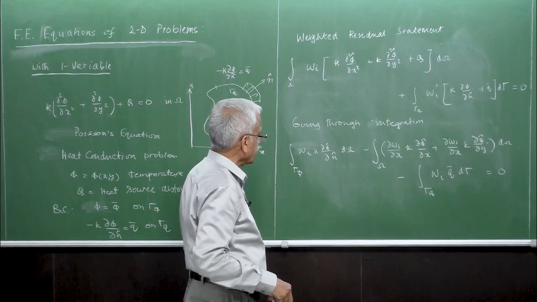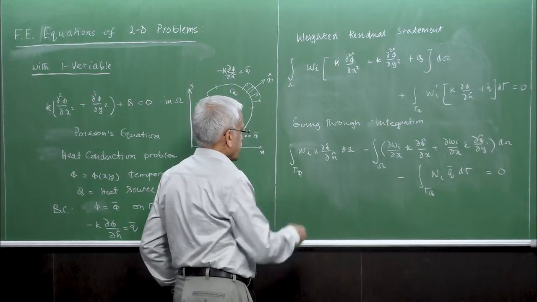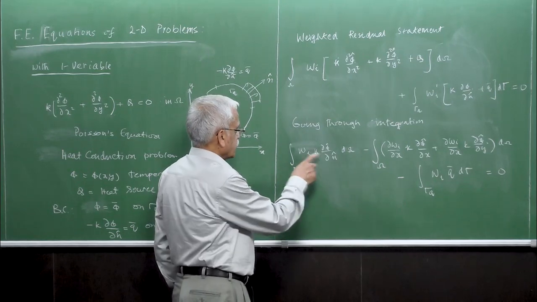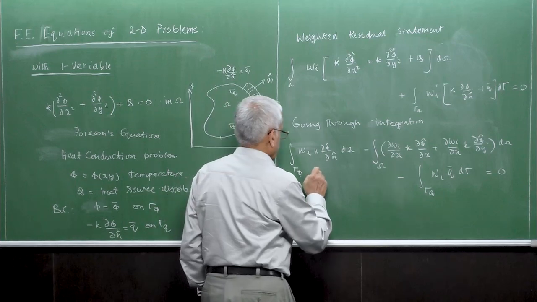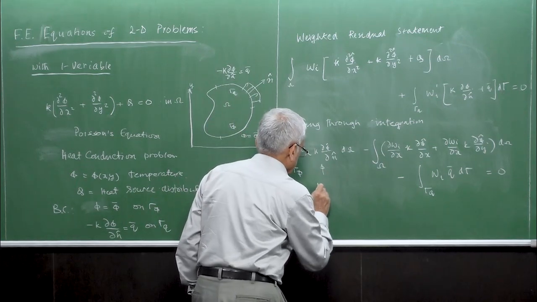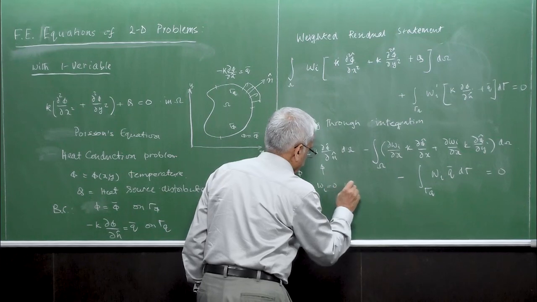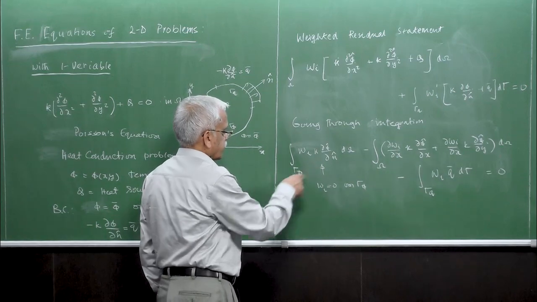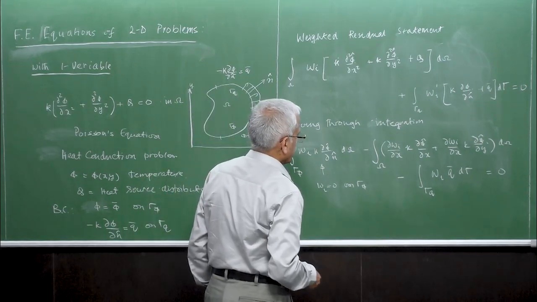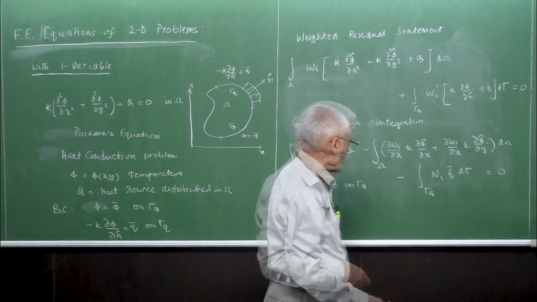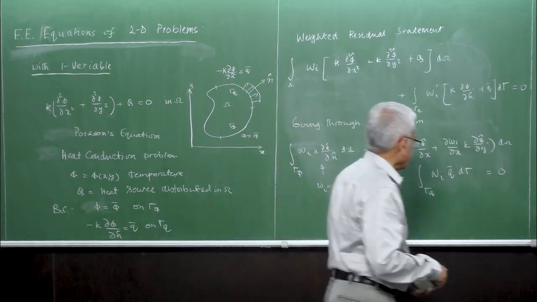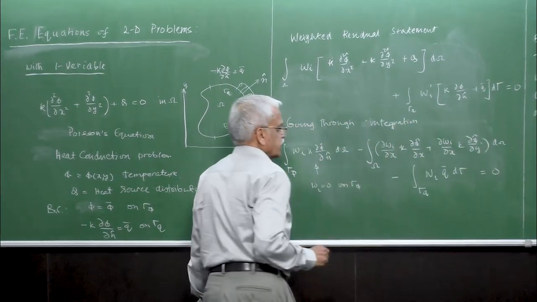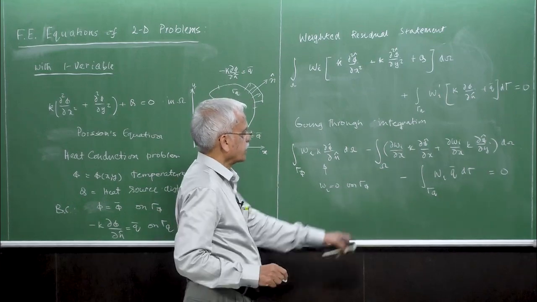Okay. So having this now here, obviously there are other conditions that when we take this weighting function Wi, if you want to make this 0, we'll make this 0 by taking Wi equal to 0 on gamma phi, and of course the other one, gamma q, has been cancelled here, and then we have this here. Okay, so the next step is that by looking at this phi hat, it has the first derivative here.